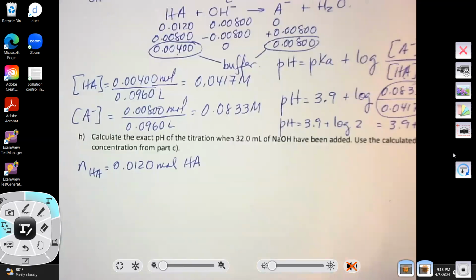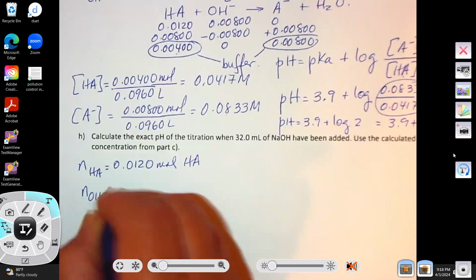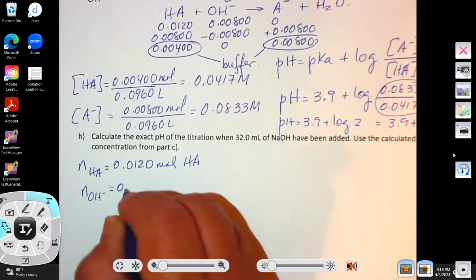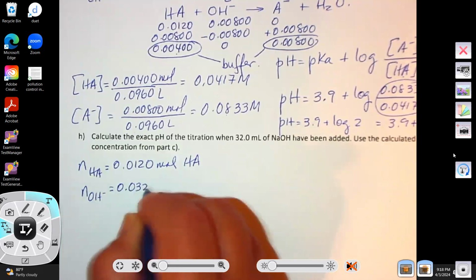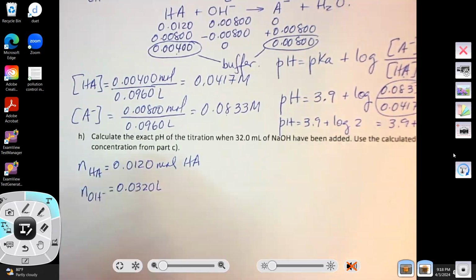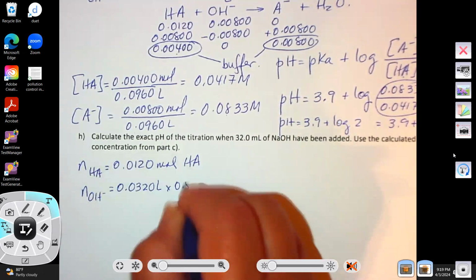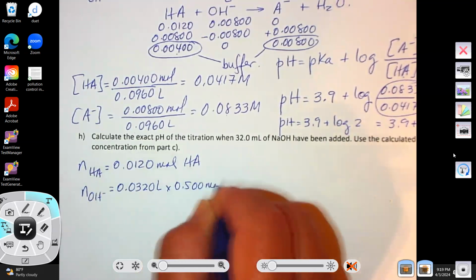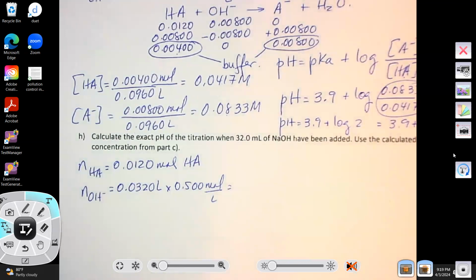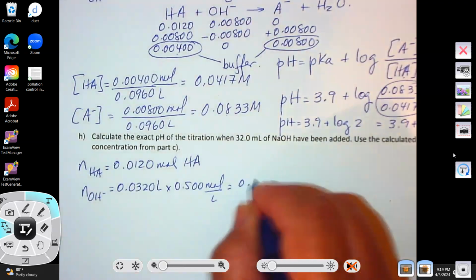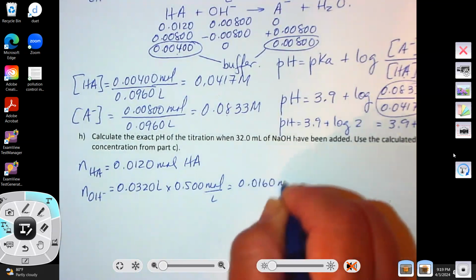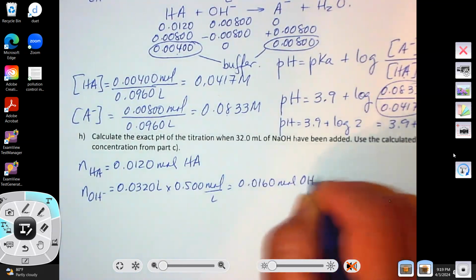And then now the number of moles of sodium hydroxide is 32 milliliters. So that's 0.032 liters times 0.5 moles per liter. So that would be 0.016 moles of the sodium hydroxide.